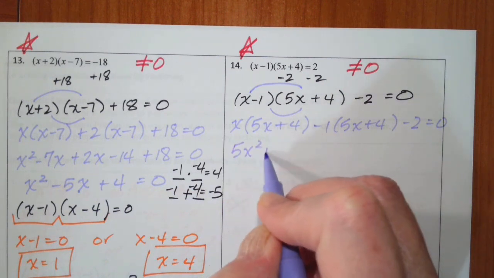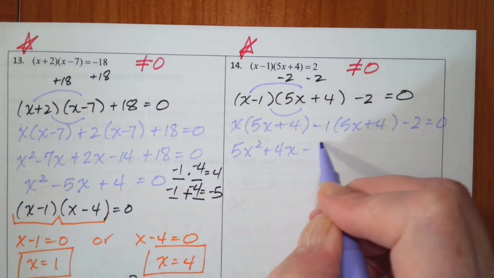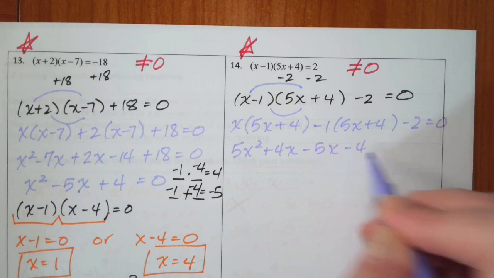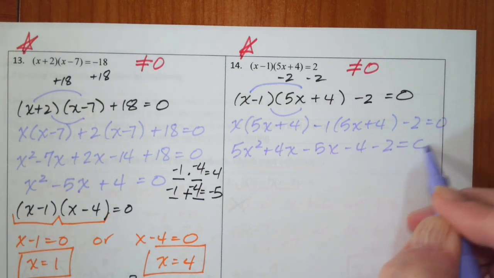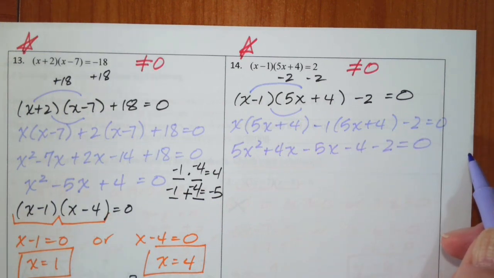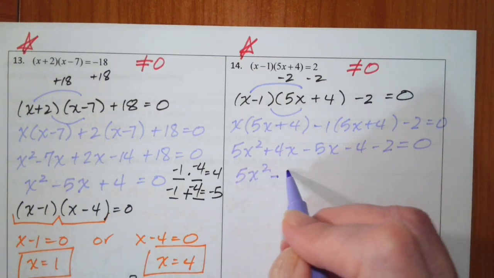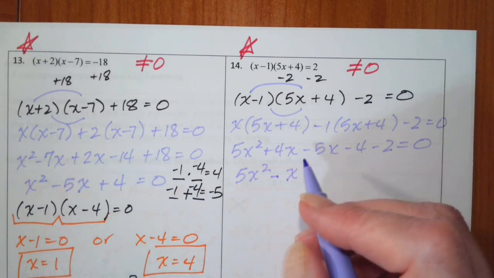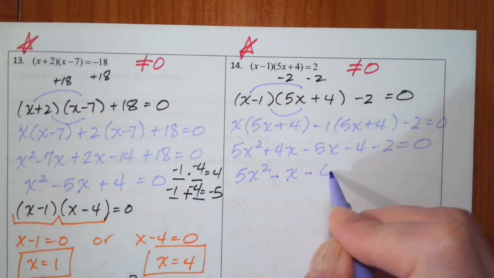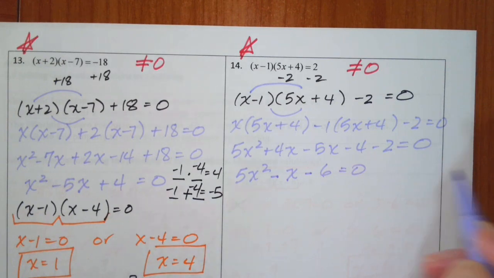So 5x squared plus 4x minus 5x minus 4 minus 2 equals 0. So 5x squared minus x minus 6 equals 0.